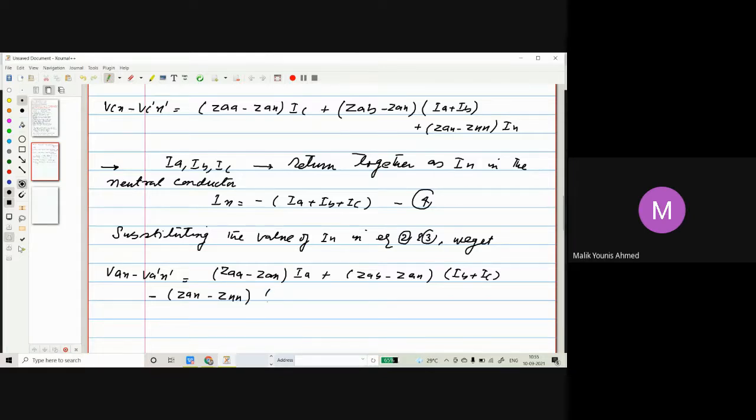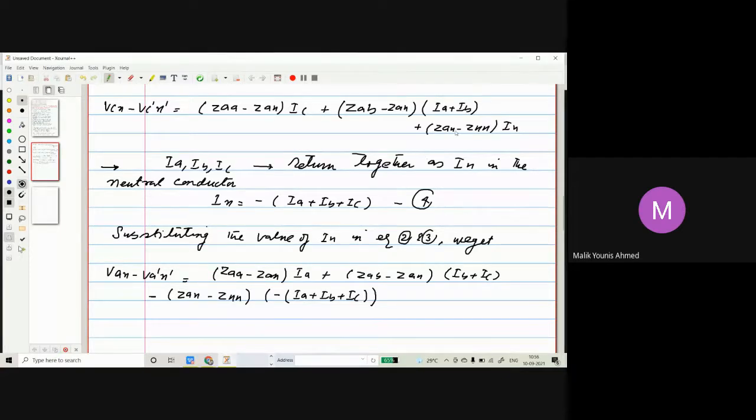That should be multiplied with minus, that will be replaced by IB plus IC. Okay, can make a bracket here. Just a second, I want to check this. ZNN minus ZAN, that will be IB plus IC.